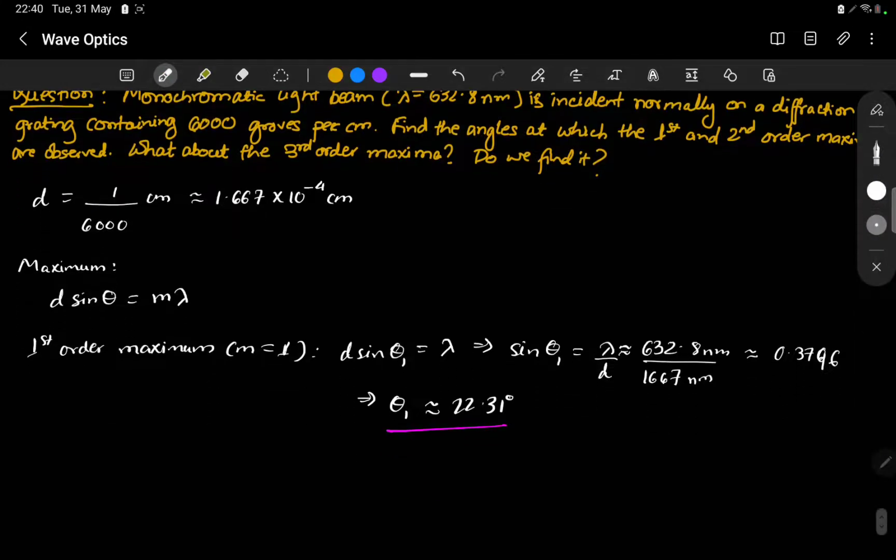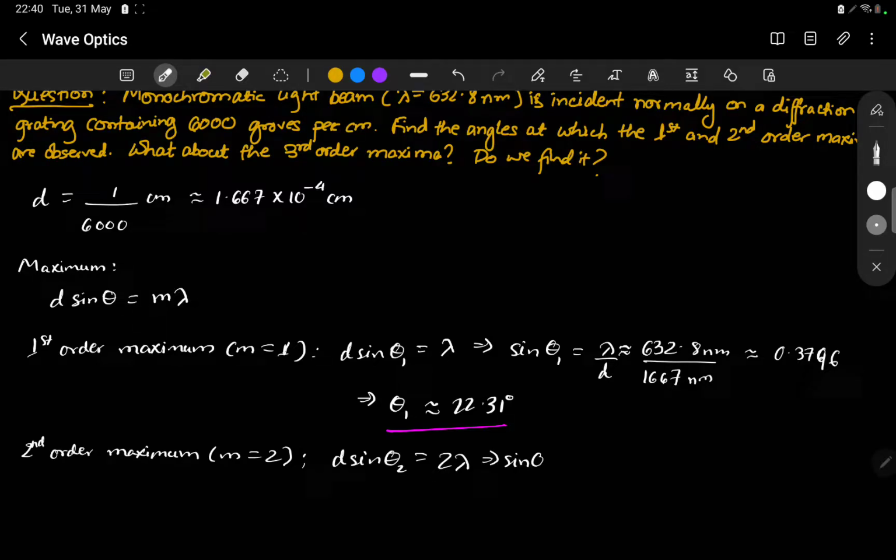Moving over to the second order maximum, we have sine theta 2 equal to 2 lambda over d.